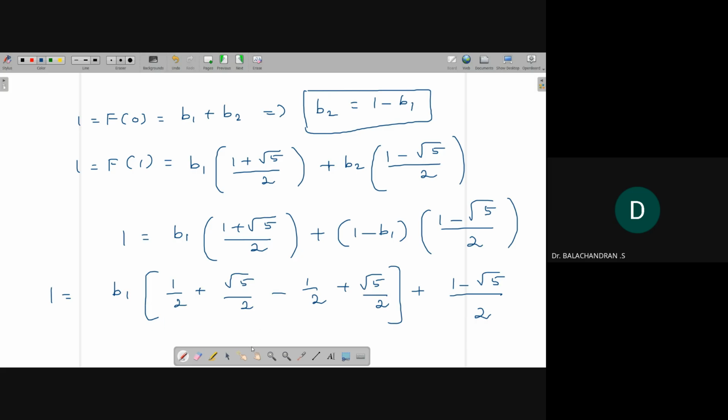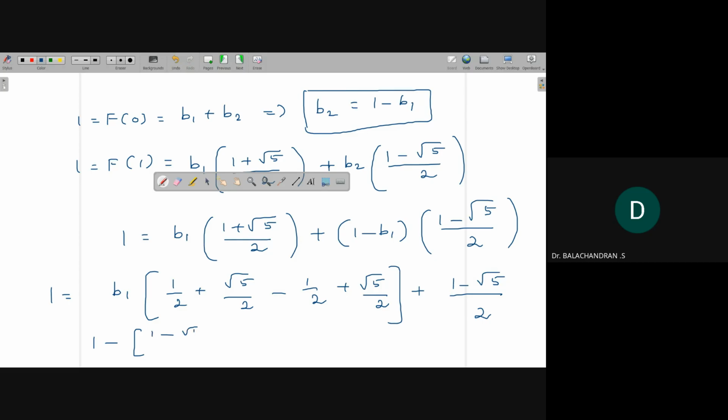So you will get 1 minus (1 minus root 5 by 2) is equal to b1 into root 5.